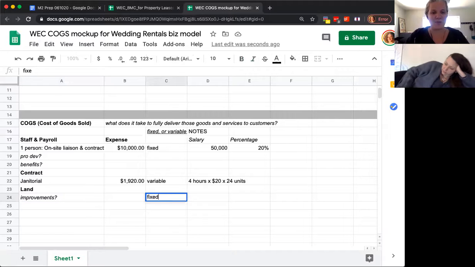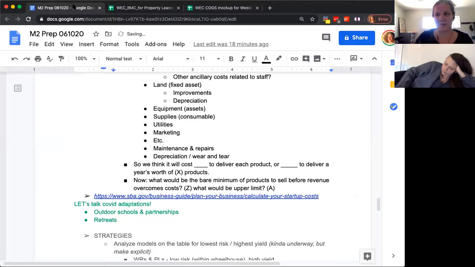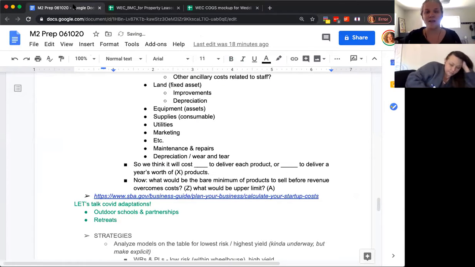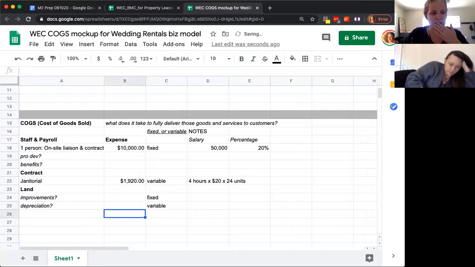If you need to make improvements, that's a fixed cost. If there are variable costs where after every wedding there's some restoration or some kind of depreciation to be accounted for each wedding, then that might be something to factor. So that could be variable depending on the number of actual weddings.